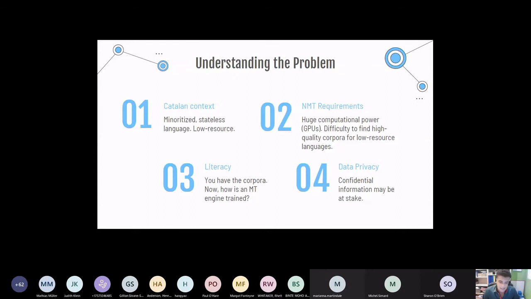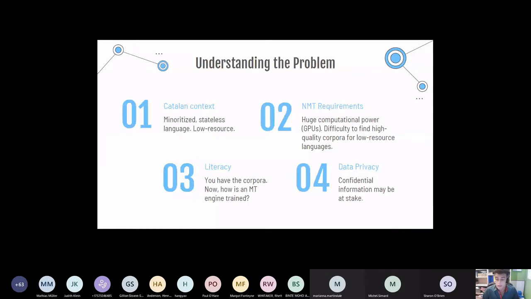And then, in the situation where we meet all these neural machine translation requirements, we have the GPUs or the huge computational power needed, and then we find the corpora. What happens now? Then you need to know how to build a machine translation engine, and computer literacy.